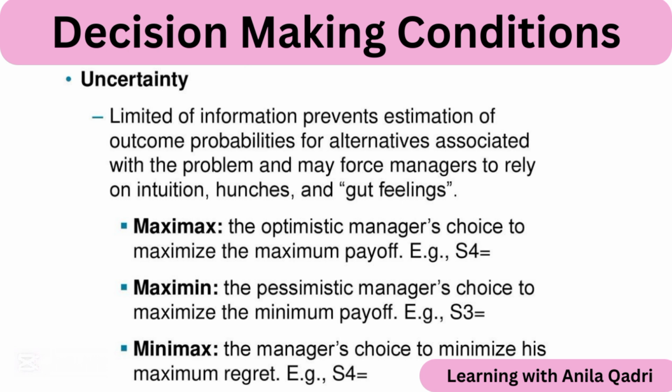For example, S4. Maximin: the pessimistic manager's choice to maximize the minimum payoff. For example, S3. Minimax: the manager's choice to minimize his maximum regret. For example, S4.